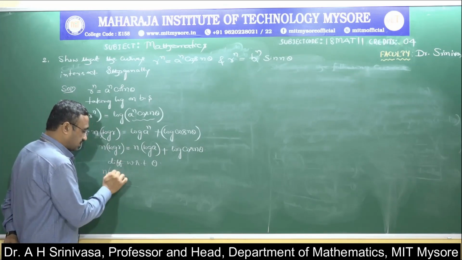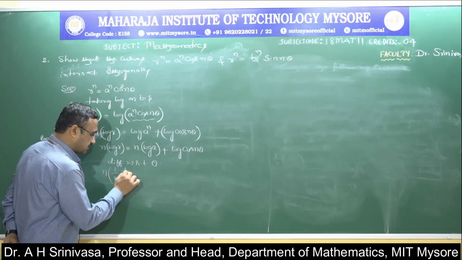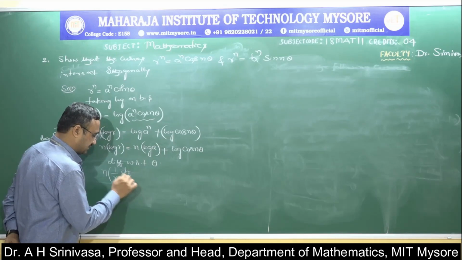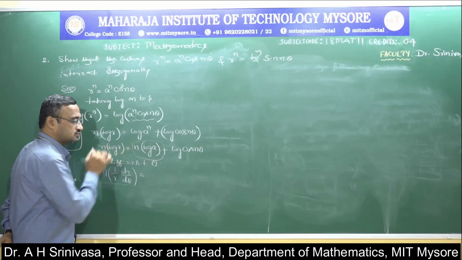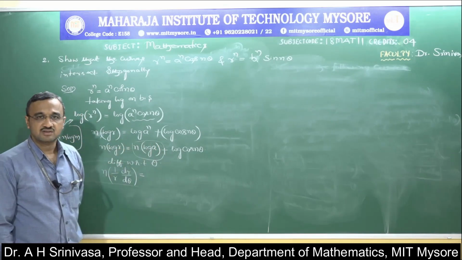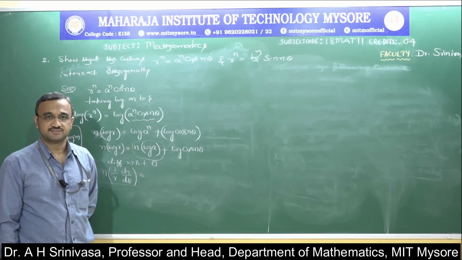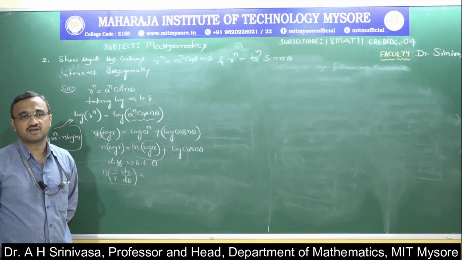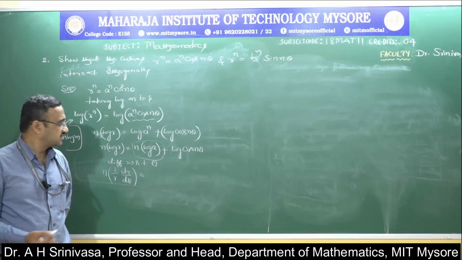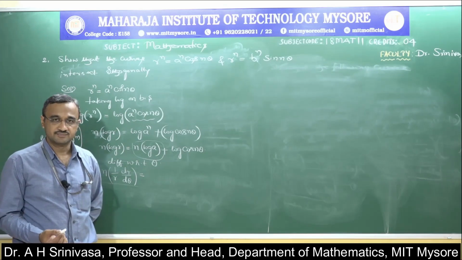The differentiation of log r is 1 by r dr by d theta, should be equal to, now n is constant and log a is also constant. The differentiation of a constant function becomes 0, if we differentiate with any variable.